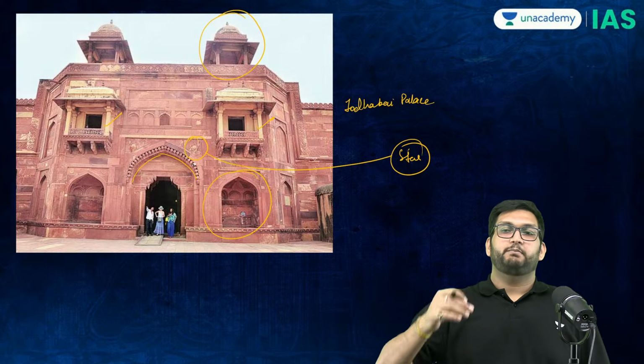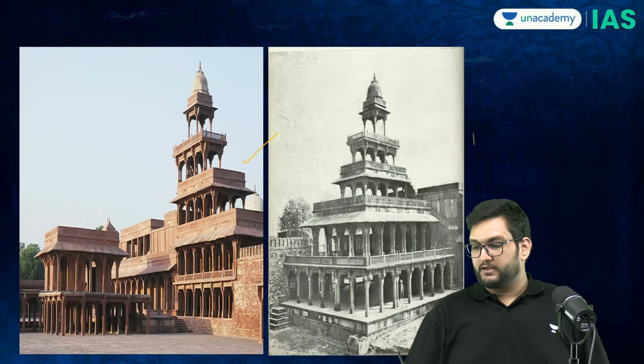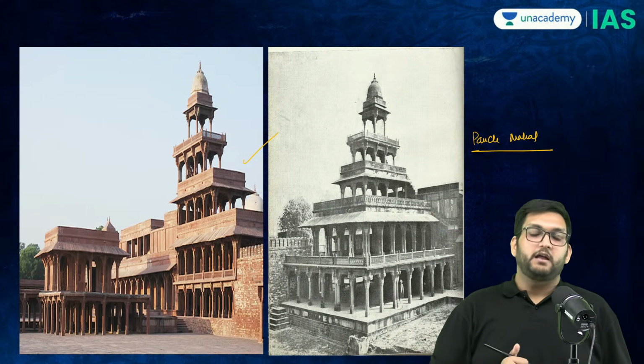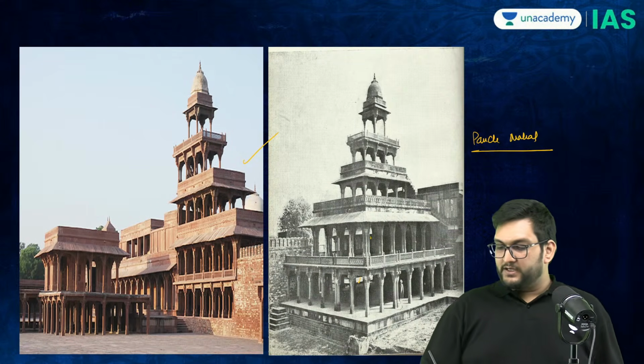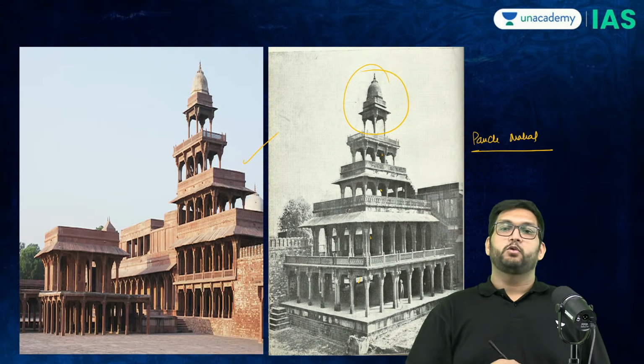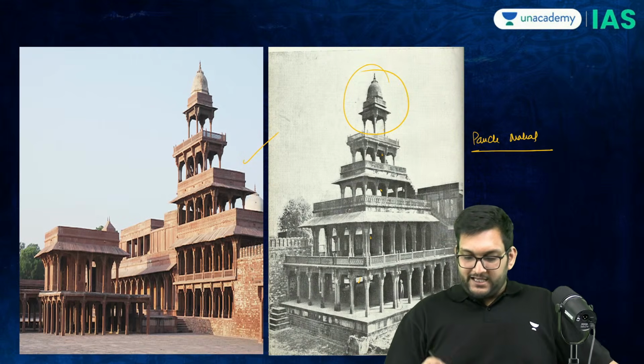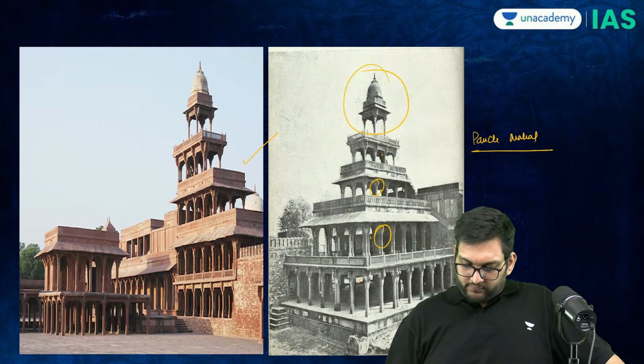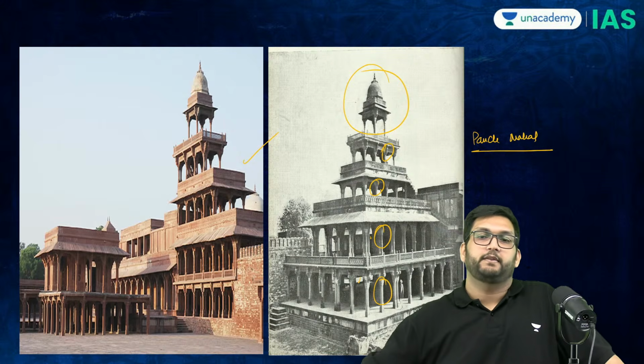But where Akbar was actually purely showing off was this Panch Mahal. Panch Mahal is a five-story structure, and each of these elements topped by a domed kiosk or a chhatri, each of the pillars of each of these stories was different.